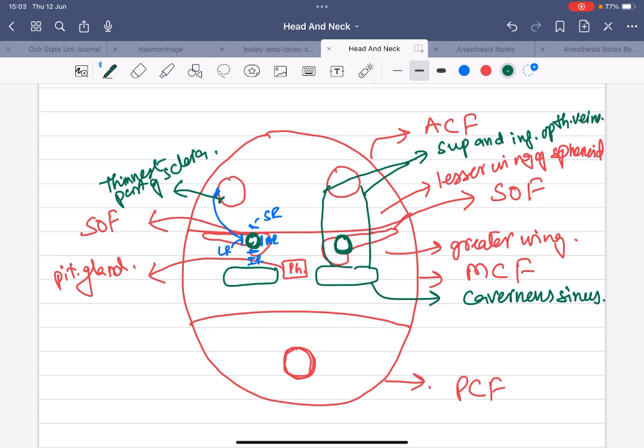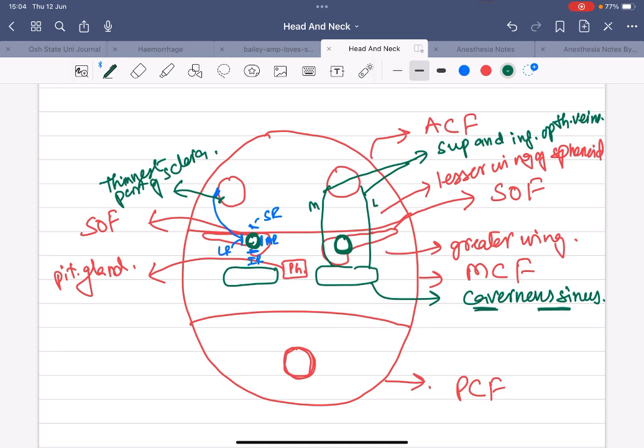But please remember that the dangerous communication, the double flow, is of your superior ophthalmic vein, which is on the lateral side. If this is the medial side, this is the lateral side. On the lateral side you have the superior ophthalmic vein. It has a double flow, so blood can come here also, and blood can go back there also. It is a dangerous communication. If there is any infection in the danger area of the face, Staph aureus can travel through the facial vein and angular veins, go into the cavernous sinus, and lead to cavernous sinus thrombosis.